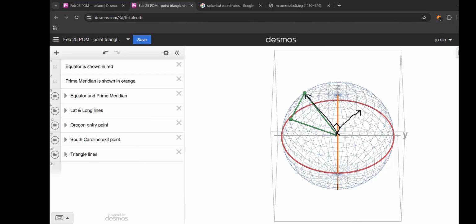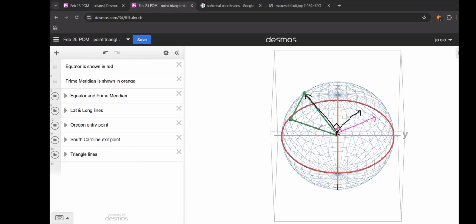I need to figure out a vector that is 90 degrees from this point. And we already had one that went along what I like to call the axis of the sphere that we're working with here. That was 90 degrees from our Oregon vector.